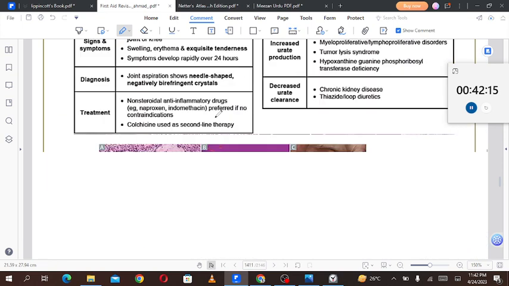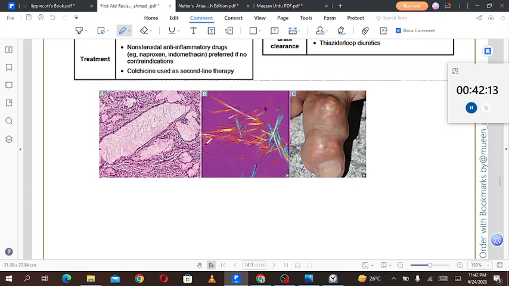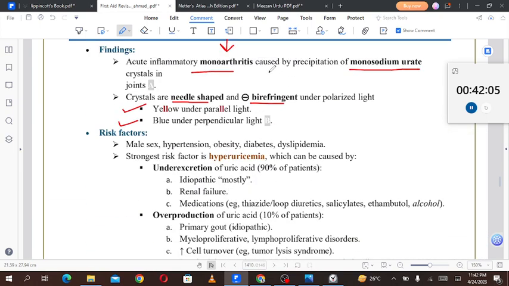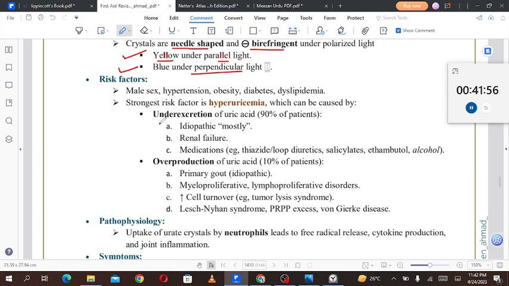So that is negative birefringence. Risk factors: male sex, hypertension, obesity, diabetes, and dyslipidemia.